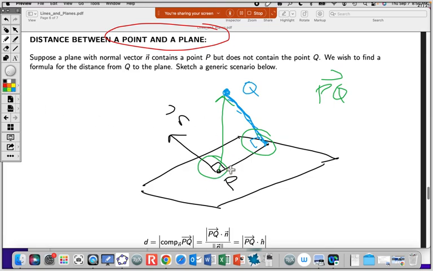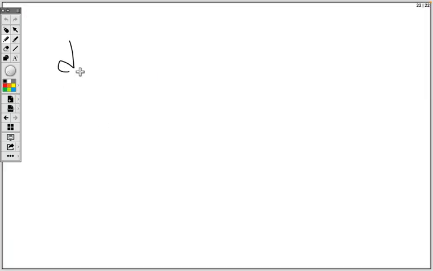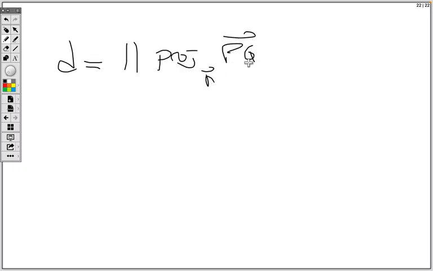So I can just copy and paste the normal vector here. If I project PQ onto n and take the length of that, then I'm good to go. So the distance I want would be the magnitude of the projection of PQ onto n.